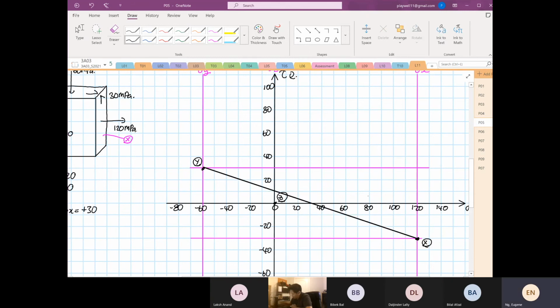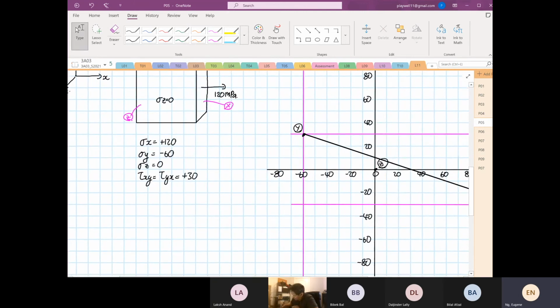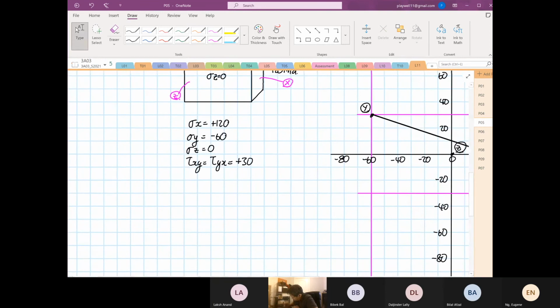Okay. So from here, we can calculate our in plane stress average, because XY is our in plane. So we can calculate our in plane stress average for XY. I'm going to put down here in plane.